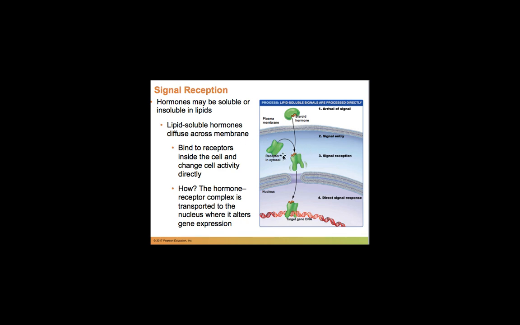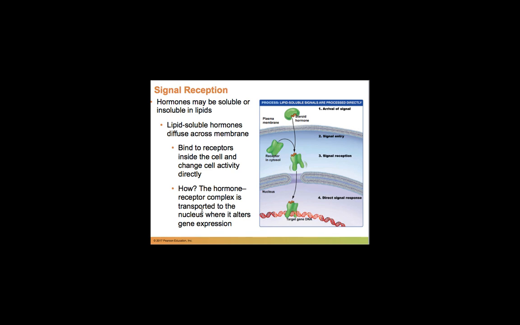Once inside the cell, it will bind to receptors inside of the cytoplasm and change cell activity directly. How is it able to change cell activity directly? The hormone receptor complex that is formed in the cytoplasm is going to get transported to the nucleus where it alters gene expression.